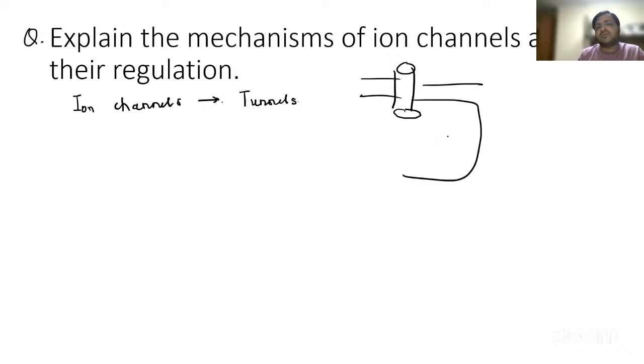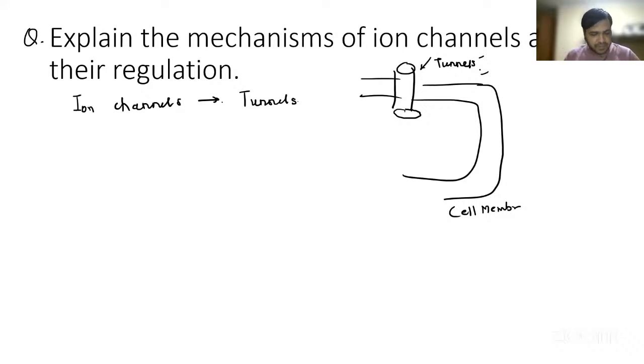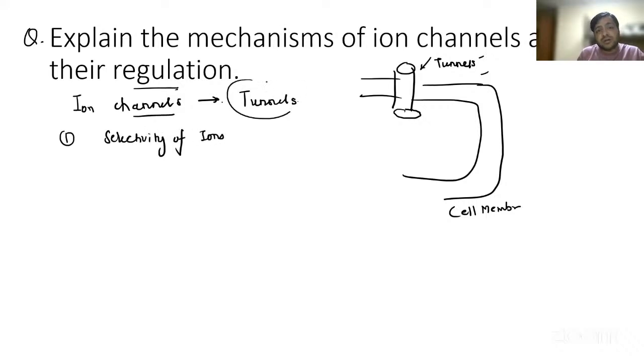Now, let us suppose that this is a cell membrane, and these are nothing but the tunnels, right? So remember, first, how they are regulated, guys: they work on something called selectivity of the ion. These channels working as tunnels are actually specific for a specific ion.